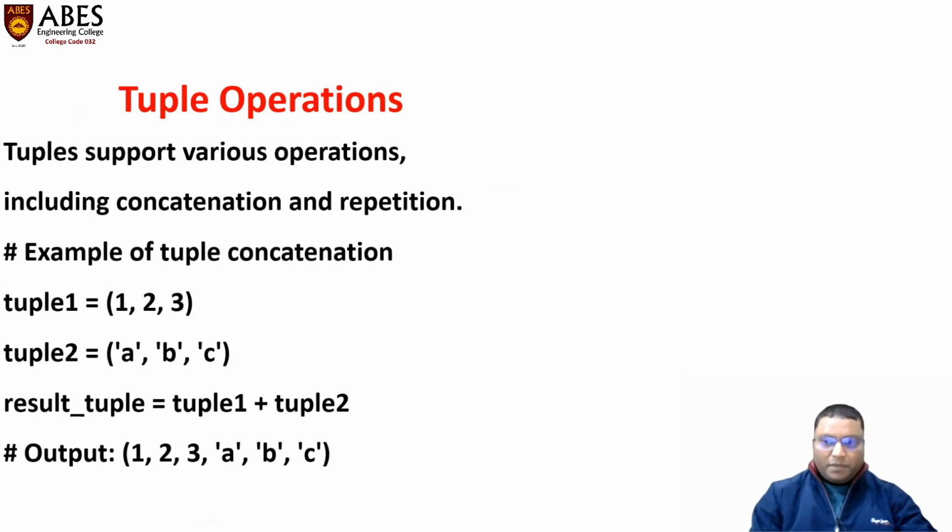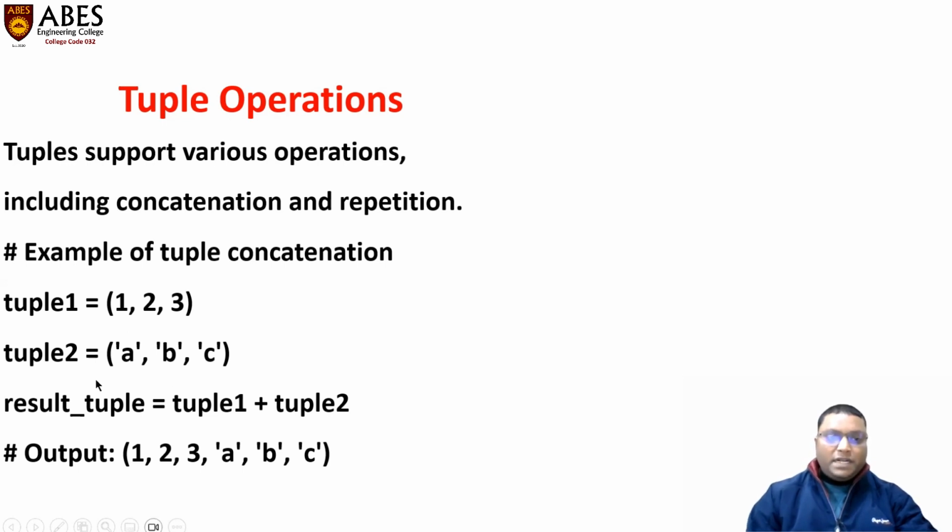Basically, in Python, tuple is a very powerful tool. A lot of operations we can perform over tuples, including concatenation and repetition. I will explain the concept of concatenation. Suppose we have two tuples, tuple1 and tuple2. Tuple1 contains 1, 2, 3. Tuple2 contains a, b, c.